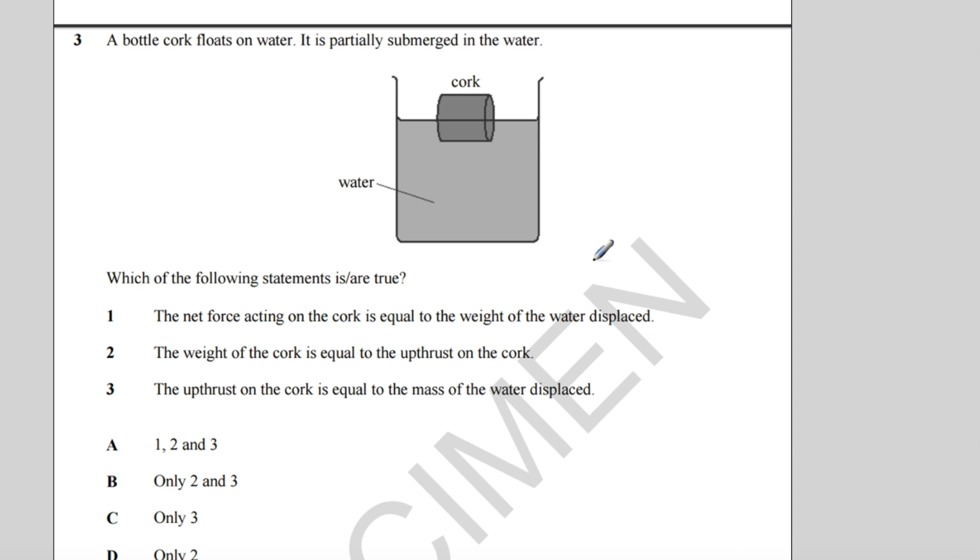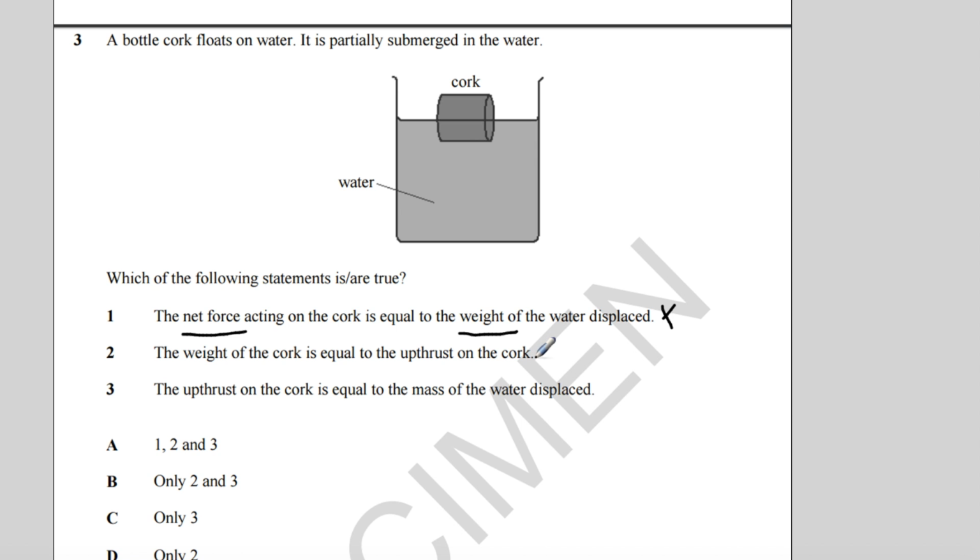Now, if that was true, then the net force would be equal to just the weight. That would mean that there's only one downward force, which would mean that it would be accelerating downwards, which isn't true because it's floating.